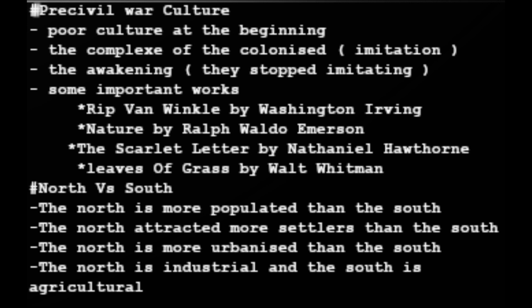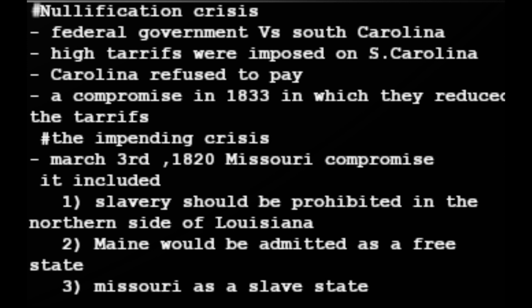Now we move to what we call the nullification crisis. From here, things started to go from fragile to bad. There was tension between the South and the North. First, the nullification crisis was a problem between the federal government of the United States and the state of South Carolina.